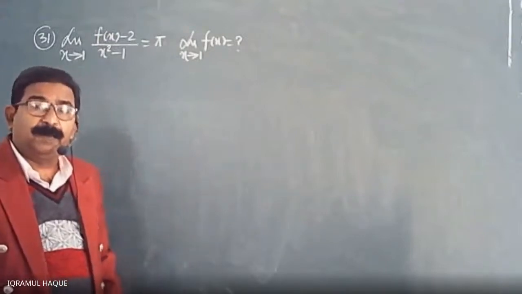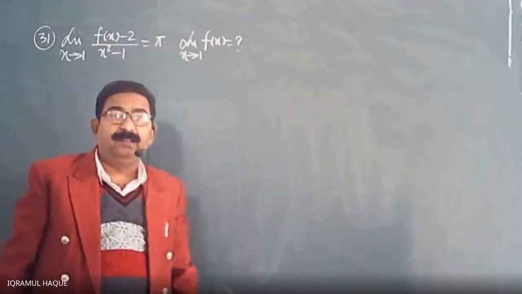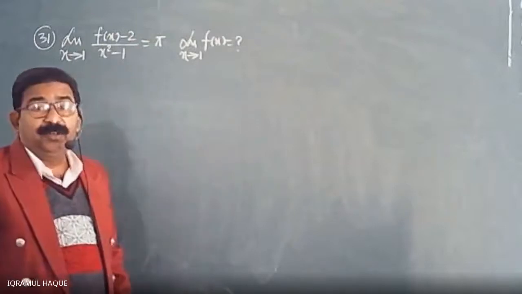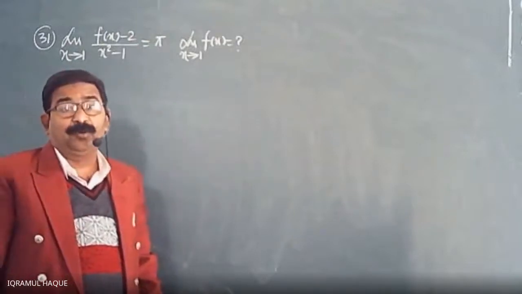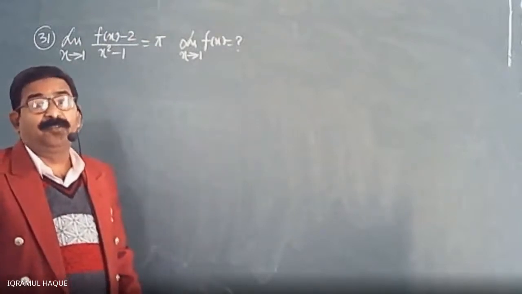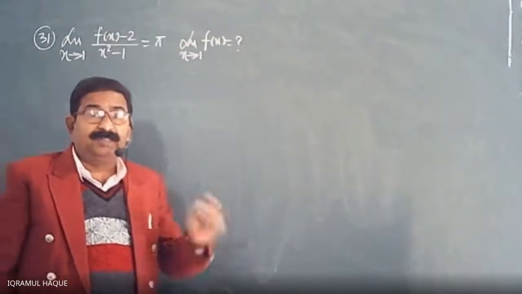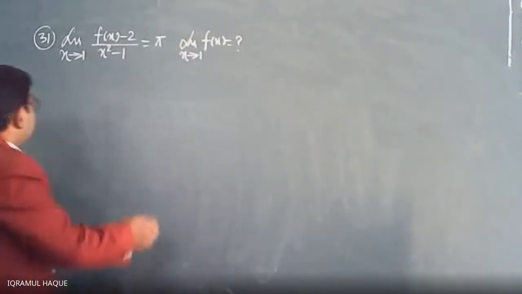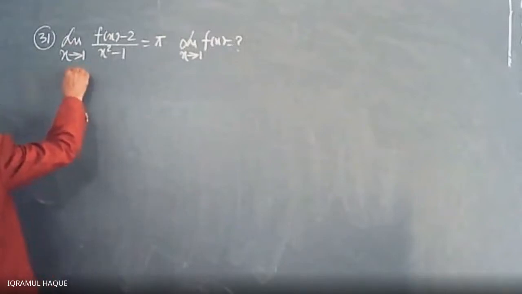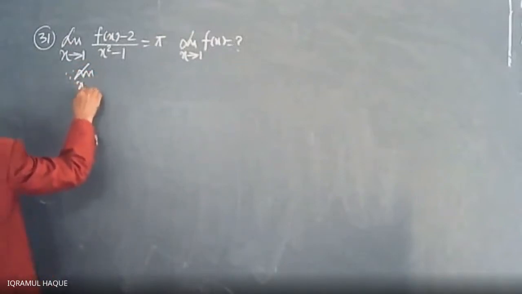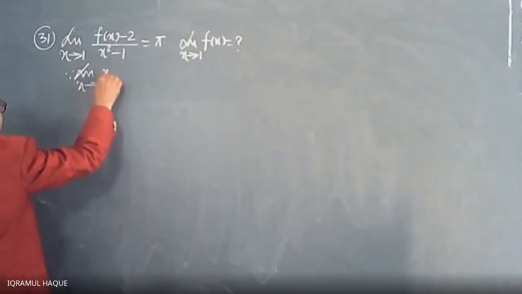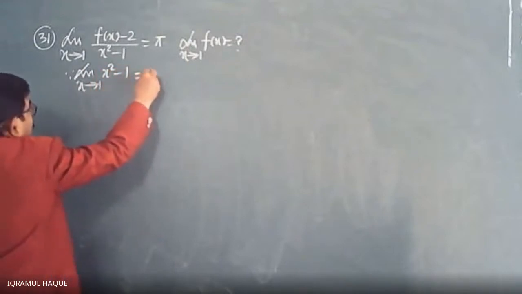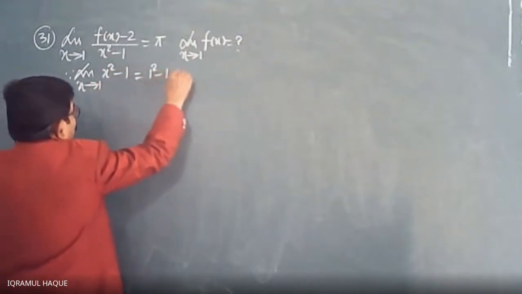So this is applicable only when both numerator and denominator are 0, meaning it is of the form 0 upon 0, then the limit exists. Since limit x tends to 1 of x square minus 1 is equal to 1 square minus 1 is equal to 0.